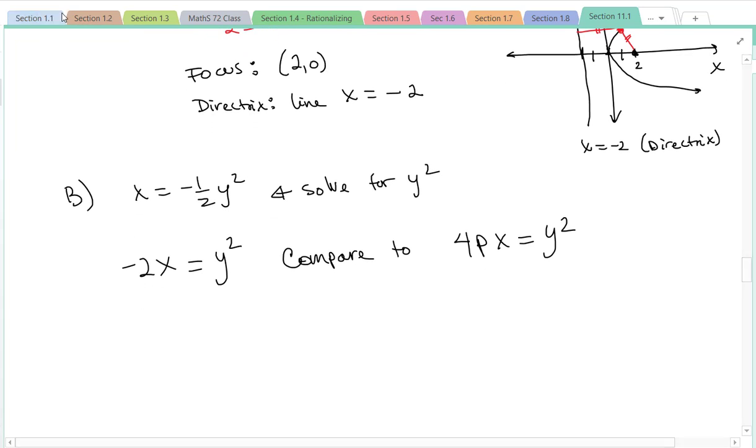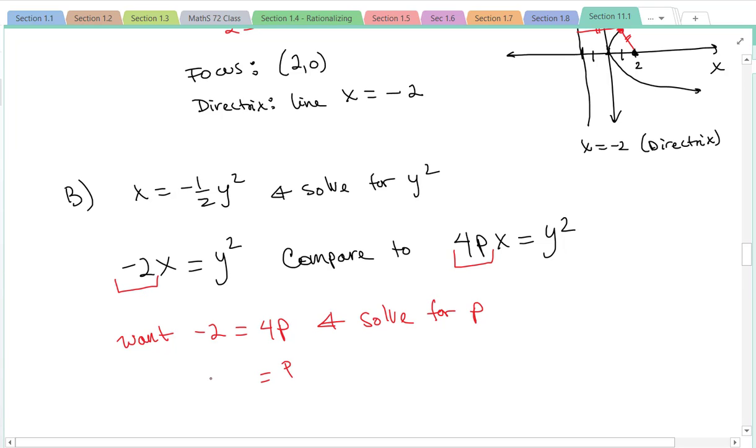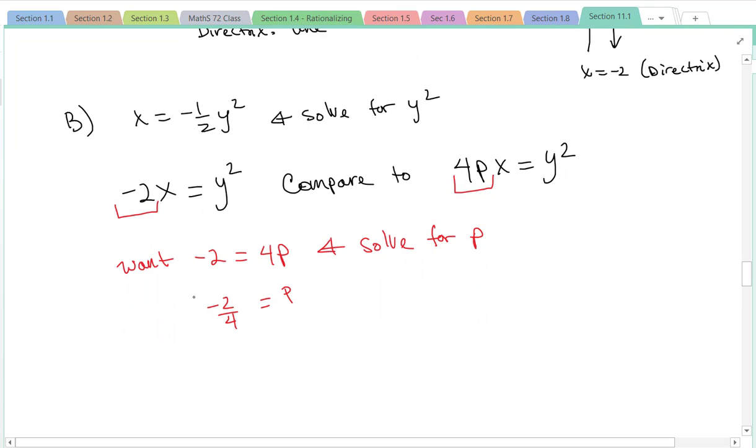And the reason that it's nice to compare it is because now I can see, okay, the coefficient of the x here is 4p, the coefficient of the x here is negative 2, so I want negative 2 to equal 4p, and solve for p. So divide both sides by 4, so p is negative 2 over 4, which means that p is negative 1/2.